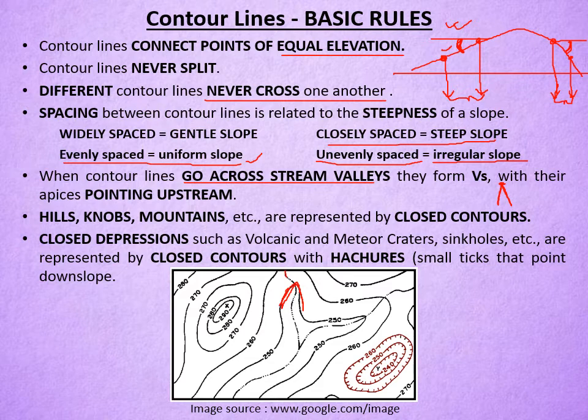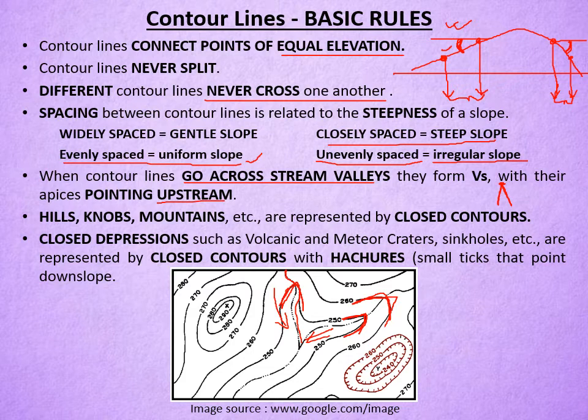Similarly, another V you can observe for the 250-meter contour line in this portion. For the 260-meter contour line, another V is observed in this portion. And as I already told you, the pointing tip of the V is always indicating the upstream side. So this is the upstream side, this is the downstream side of the river. So the river flows from this side to this side, and for this one, the river flows from this side to this side.